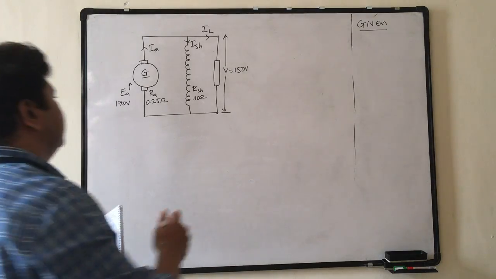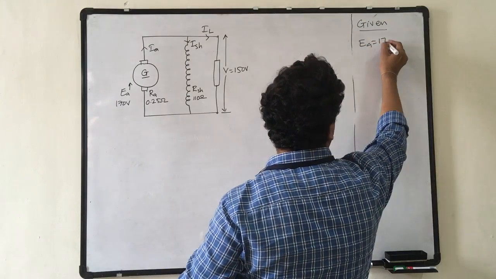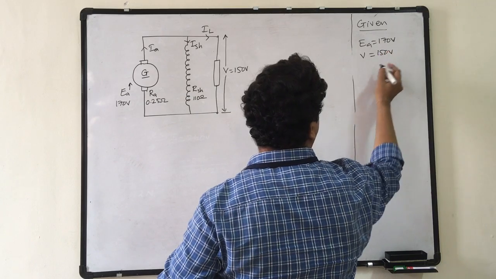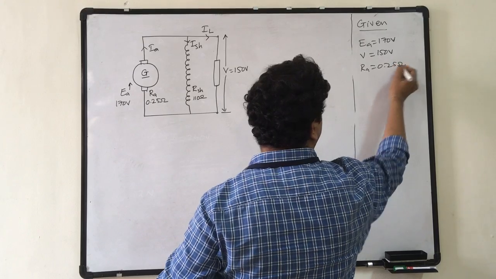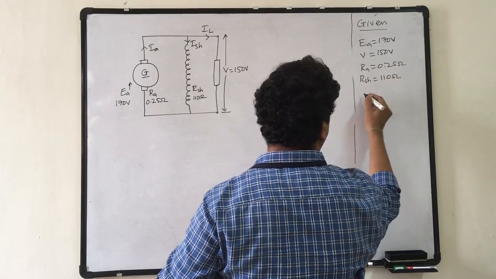So EA is 170 volts, V is 150 volts, RA is 0.25 ohms, RSH is 110 ohms.